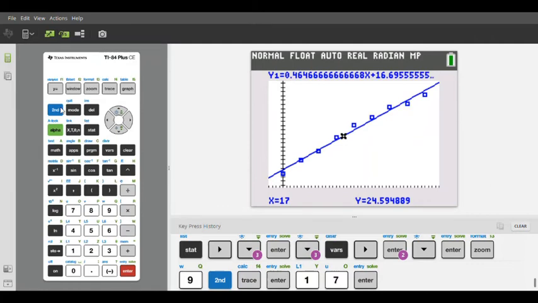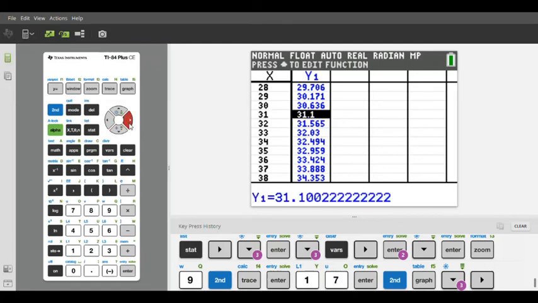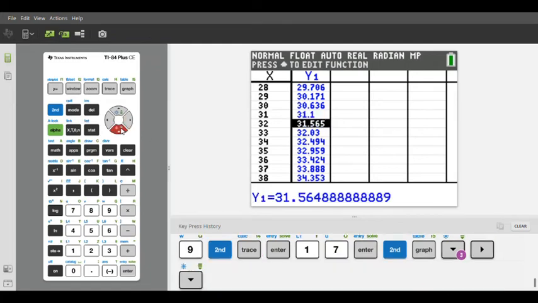Usually, if they give you the y value that you need to find, most of the times what you can do is go second, table, and you can scroll over here and find it. They wanted us to find 31.3%. So what you'll see here is it's somewhere between year 31 and 32. It doesn't give it to you exactly, but it's somewhere in between there.